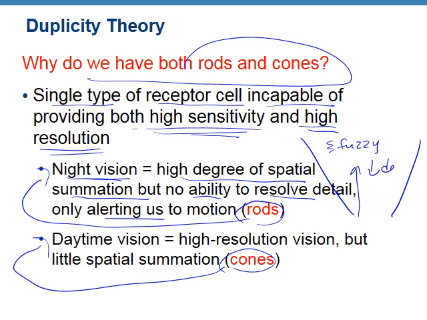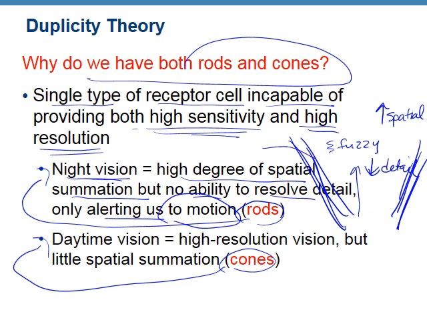So low detail, but a high degree of spatial summation. You can see a lot of space in front of you, but it's not very detailed. And really this is just alerting us to motion. If we see something coming at us from the side, you know, something trying to eat us, we're going to try to get away, right?